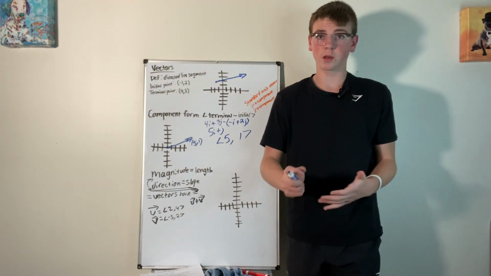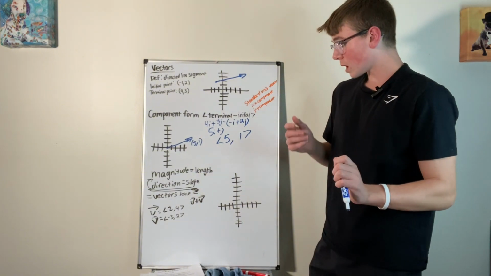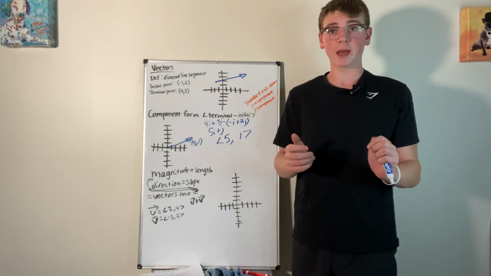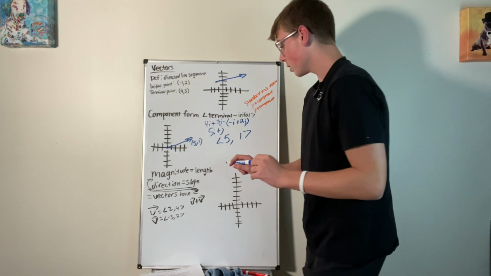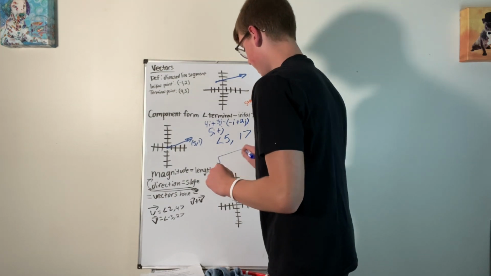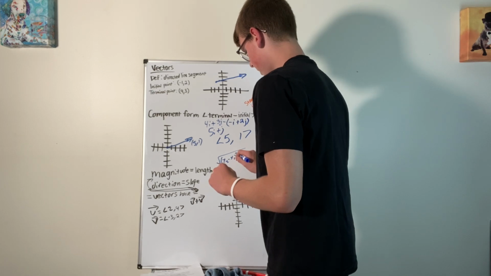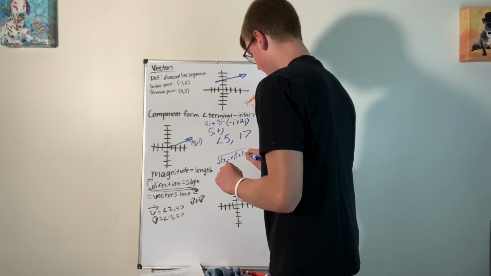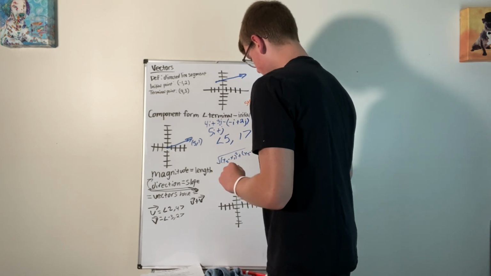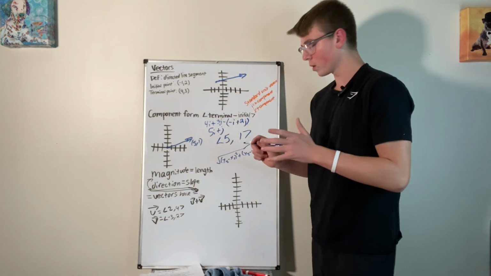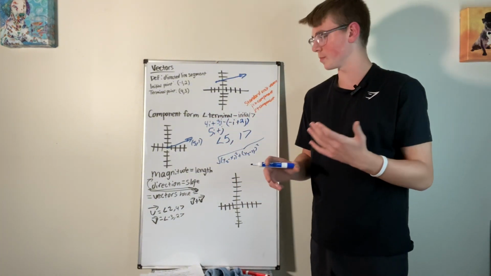Now our magnitude, if you're trying to find magnitude, equals length. So you could do the distance formula, which is x2 minus x1 squared plus y2 minus y1 squared, and it's the root of all of that. Or you could just do the Pythagorean theorem.